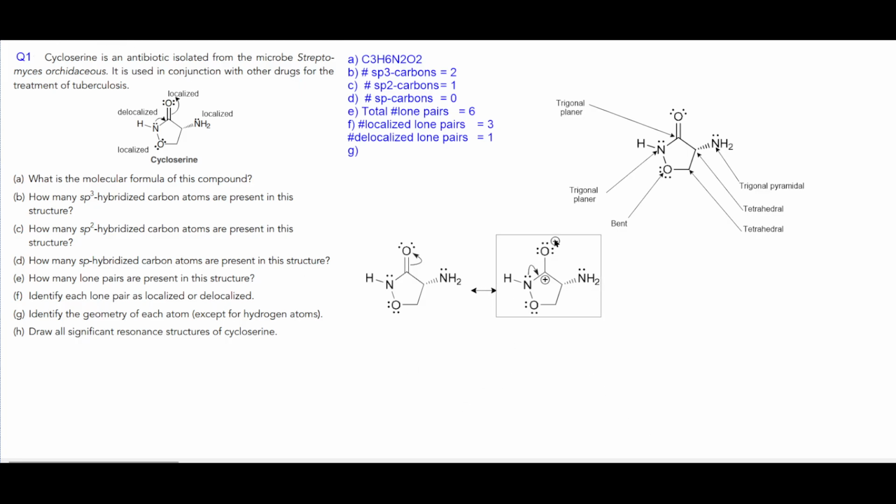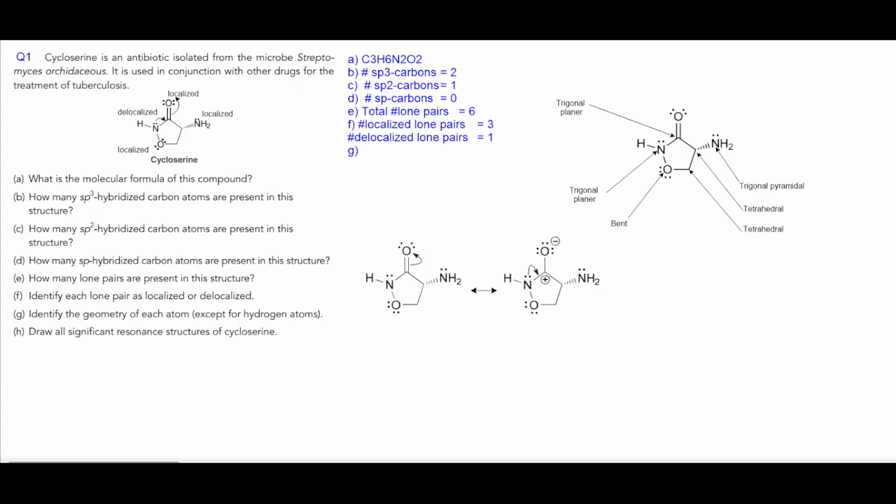So there is a positive charge on the carbon and a negative charge on the oxygen. Now, the lone pair on the nitrogen can be moved to the bond between the nitrogen and the positively charged carbon. So this will be another resonance structure.